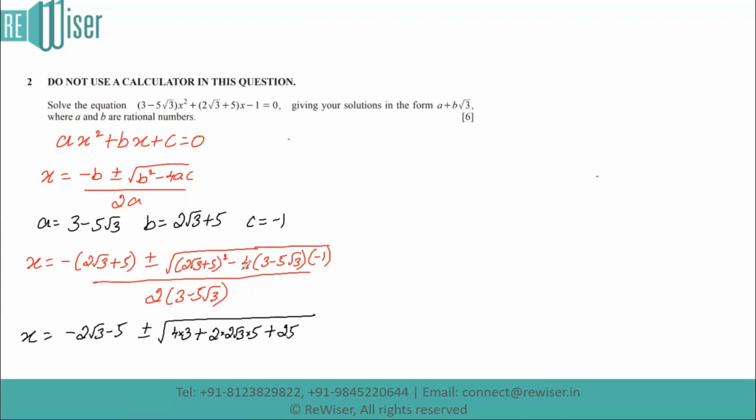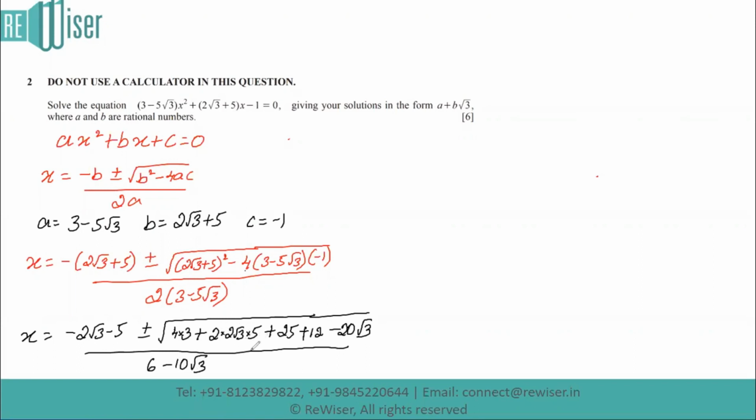And first of all, −4 times −1 would be positive 4, and positive 4 times 3 would be positive 12. Then positive 4 times 5√3 would be positive 20√3, but there is a negative here, so that has to be negative 20√3. The entire thing is divided by, if I simplify the denominator, 6 − 10√3.